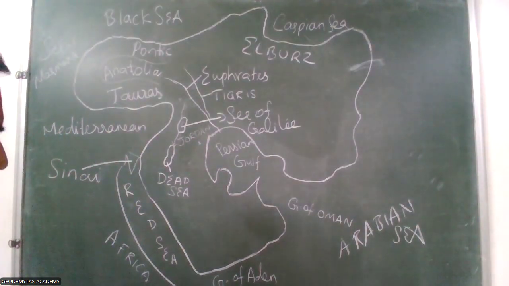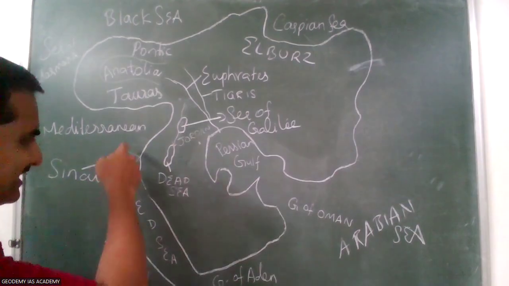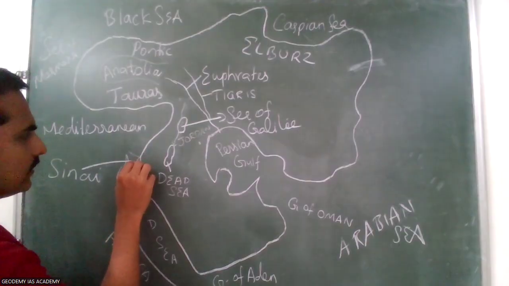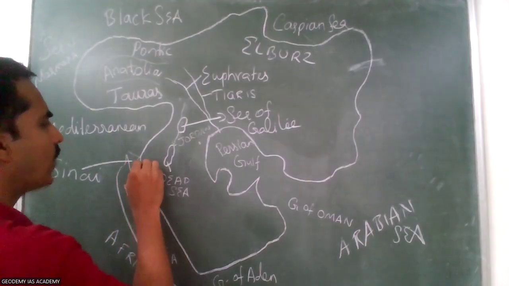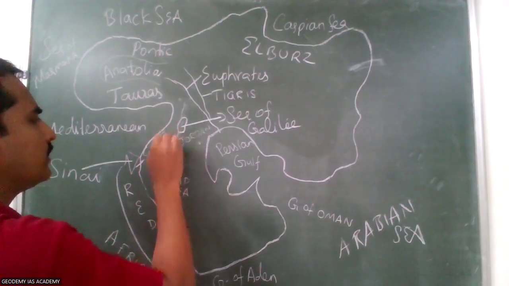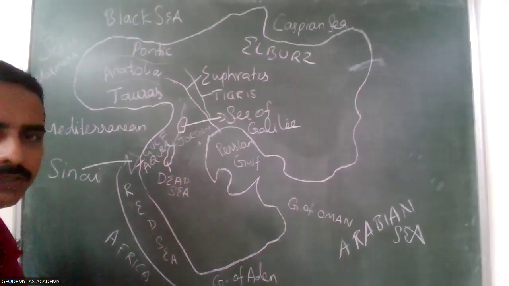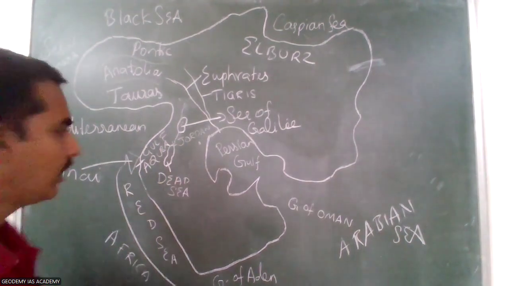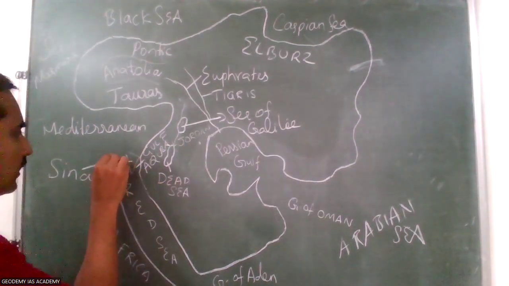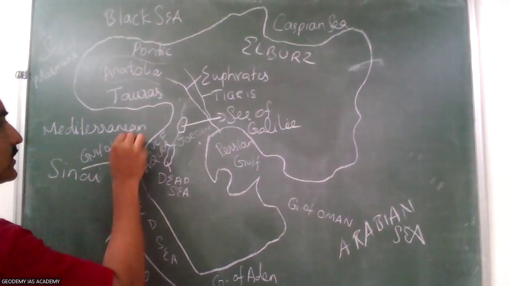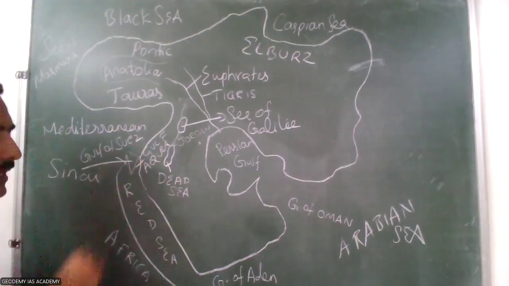One more thing in the surrounding regions we missed, that is the straits. Here it is the Gulf called Gulf of Aqaba. The most important one you should remember, the Gulf of Aqaba, has the border with Syria, Jordan and Israel. And here it is Gulf of Suez, and it is the Sinai Peninsula.